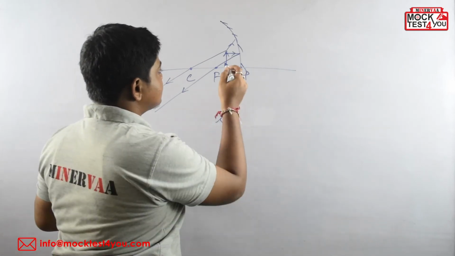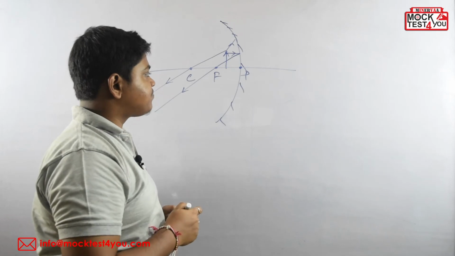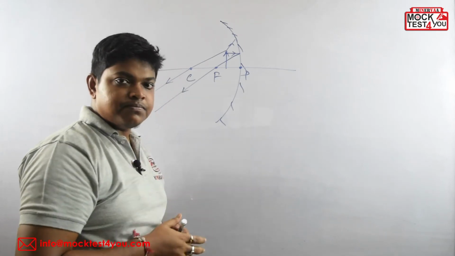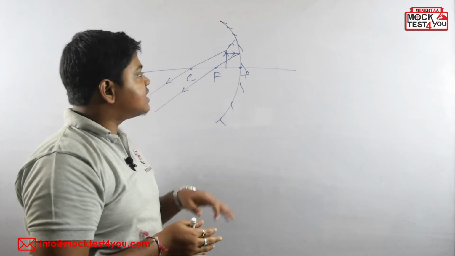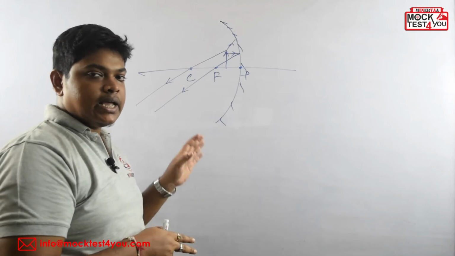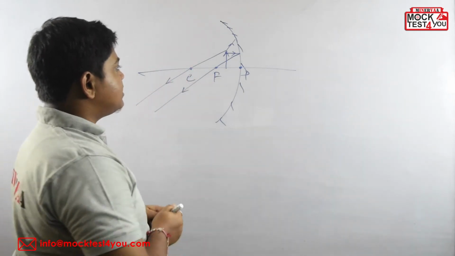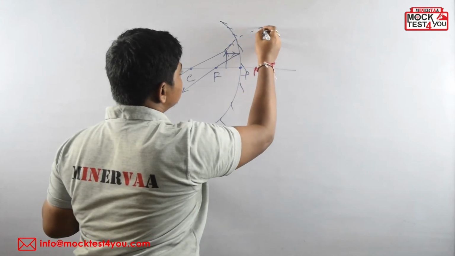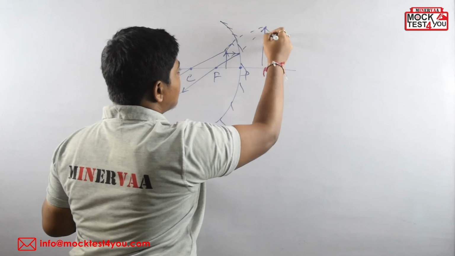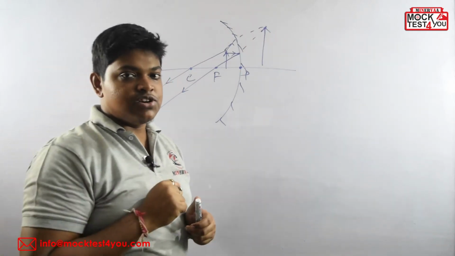After the reflection, the two reflected rays will not meet at any place. They will be divergent in nature. So if they appear to meet at some point behind the mirror, it will form a virtual image. So we are going to discuss the sign convention.